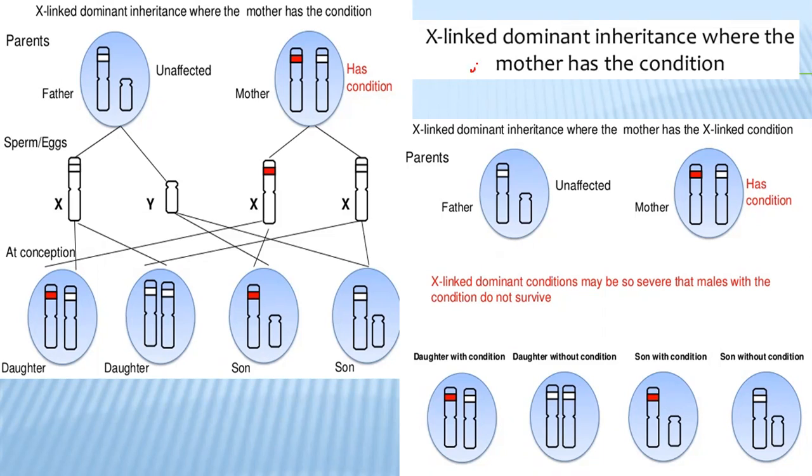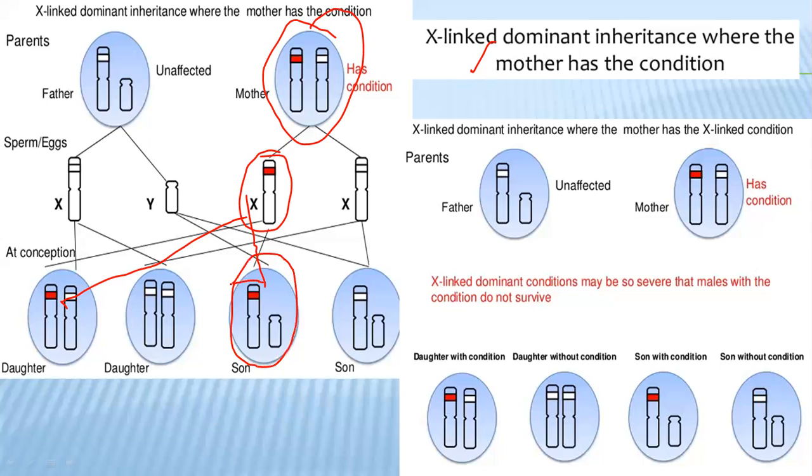If the mother has the condition, the mother can be a carrier. She will transmit this X chromosome to one of the females and one of the males. In the F1 generation, the male will be only defective, because he has only one X chromosome.